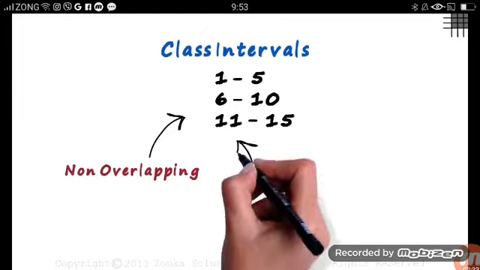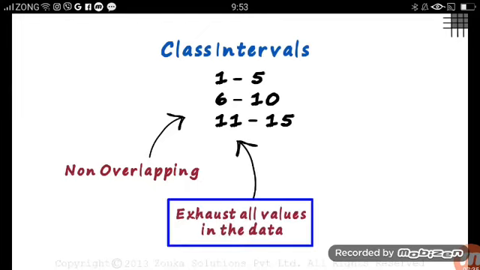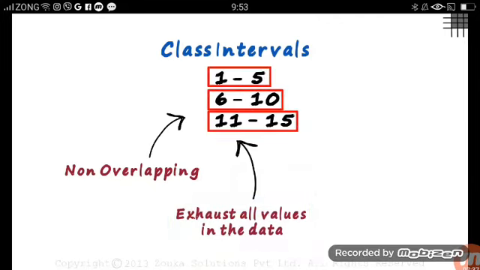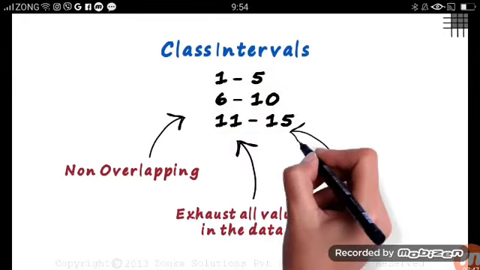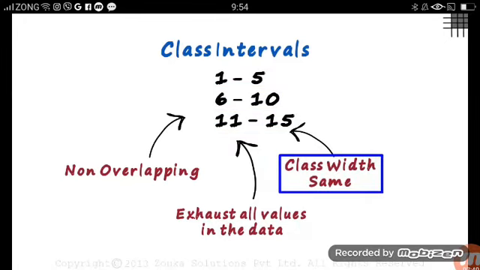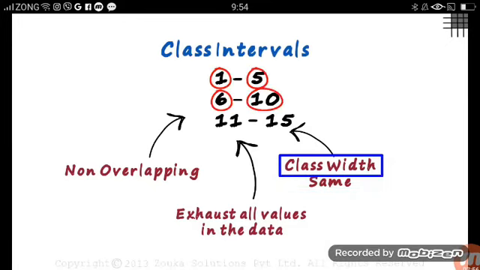All the groups should exhaust all the data we have with us. These three groups are enough to cover all marks from 1 to 15. But if we had someone who scored a 16, these three groups would not be enough. Next, the class size or the class width should be the same. Class width is the difference between the two lower limits or two upper limits of continuous class intervals.